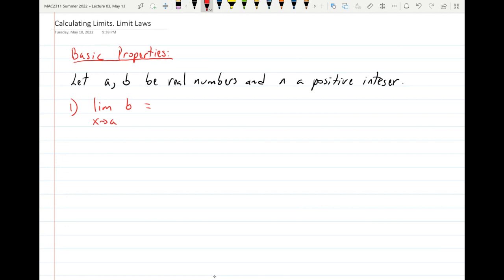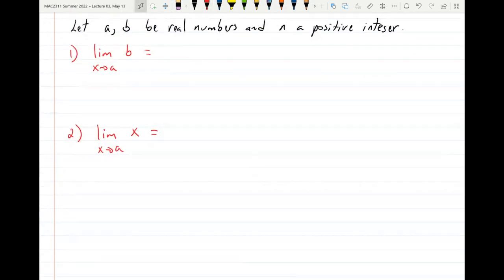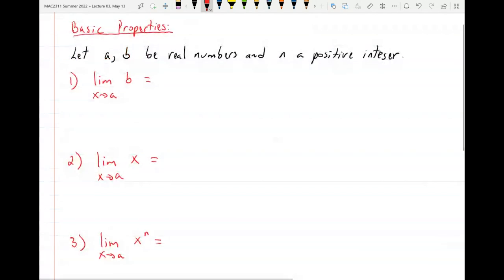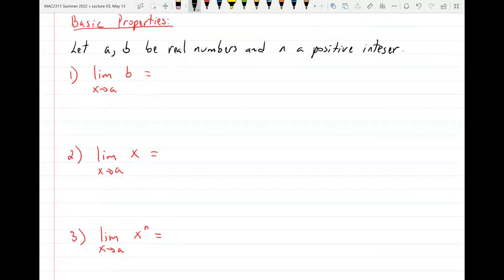Then number two, the limit as x approaches a of x, say a, equals... and then number three, the limit as x approaches a of x to the n equals... Okay, so let's try to answer this question. And by the way, what I'm about to write now here is the proof of each of the statements that we are going to complete right now. So for the first one, what is it that we're analyzing?